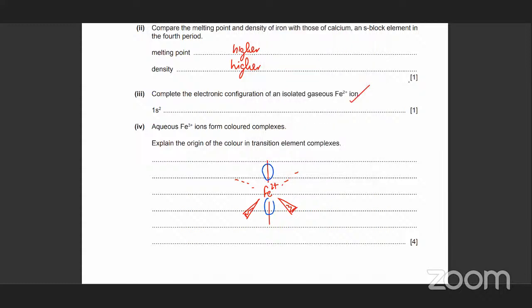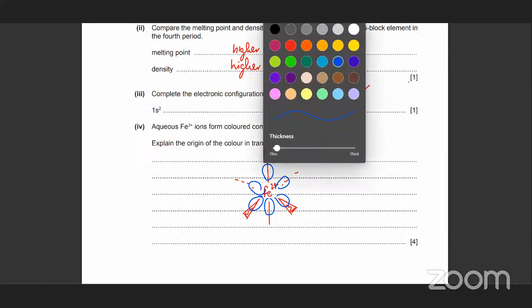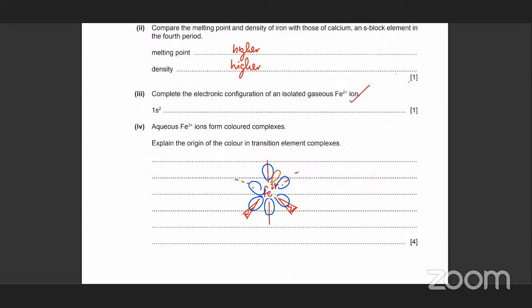There are d orbitals with electrons on the axis, and in the d subshell there are also electrons between the axes, in the middle of the axes.